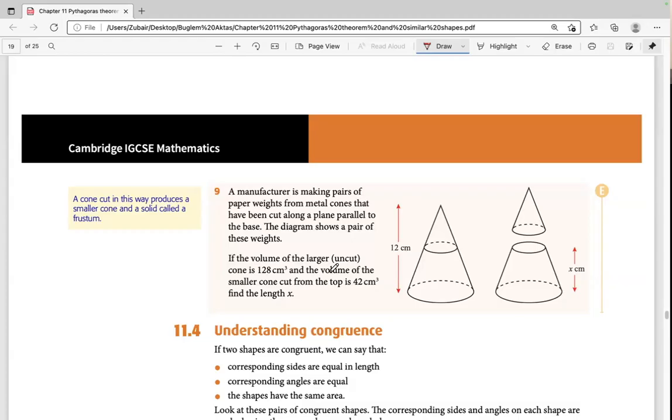Find the length of x. So the small cut part is 42. This complete is 128. And we need to find that x.